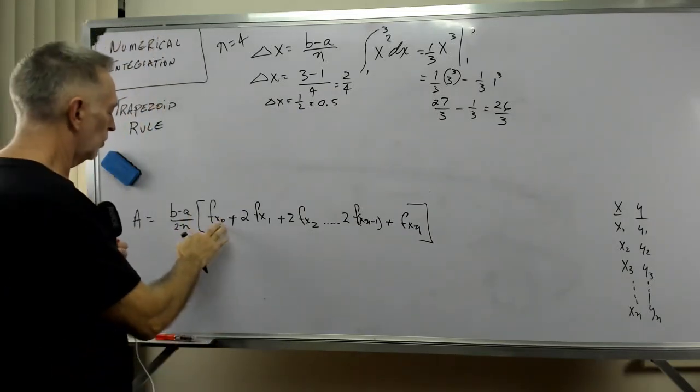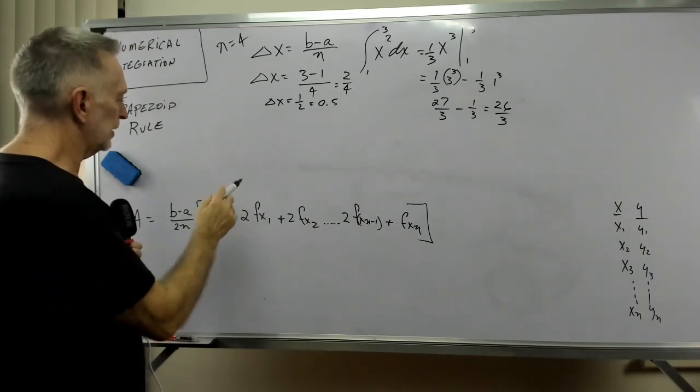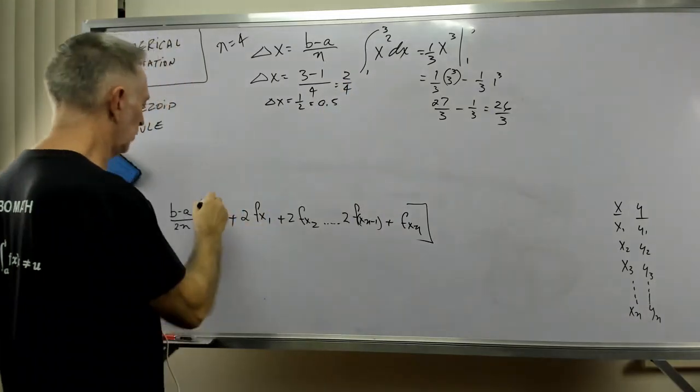All right, so we have f of x sub 0. If this thing is divided into 0.5, now my limit starts at 1.